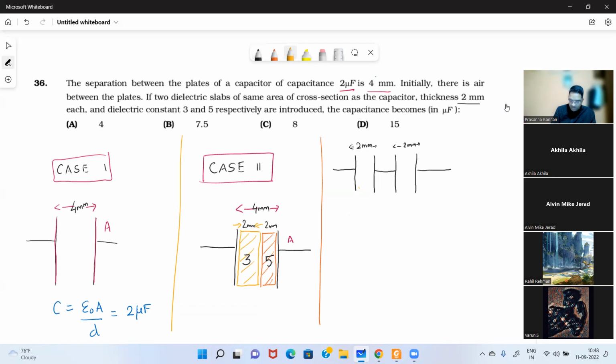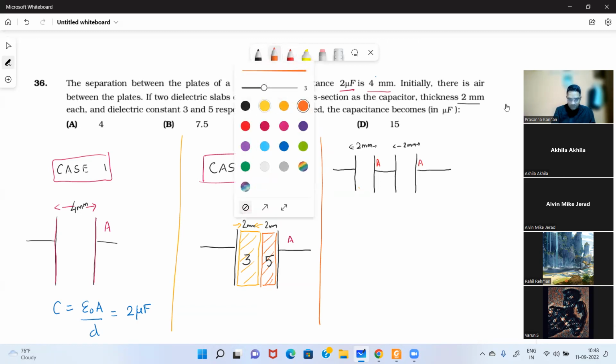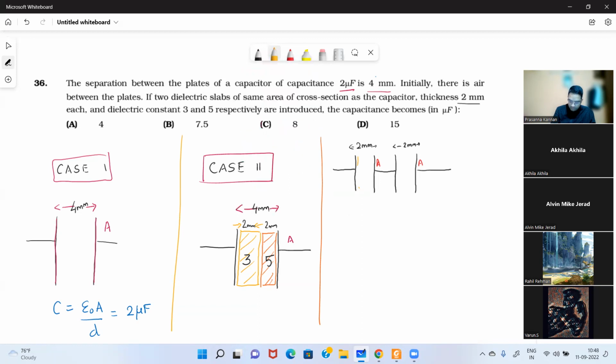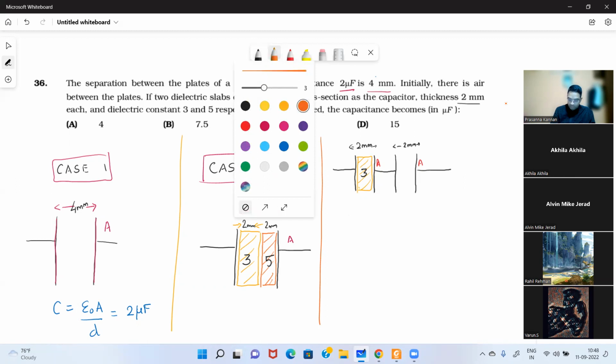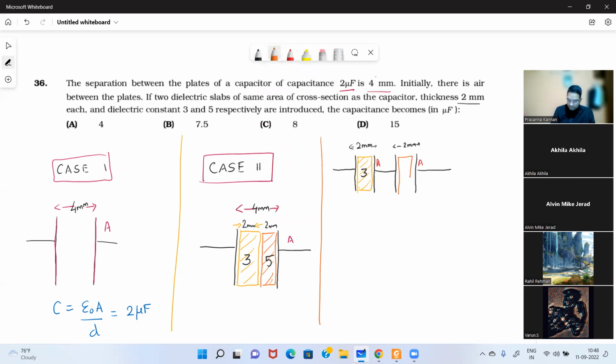Area of cross section is A. One capacitor like this, having a dielectric constant of 3, and another capacitor like this, having a dielectric constant of 5. Do you understand what I have done? I have just split the capacitors like this, correct or not?